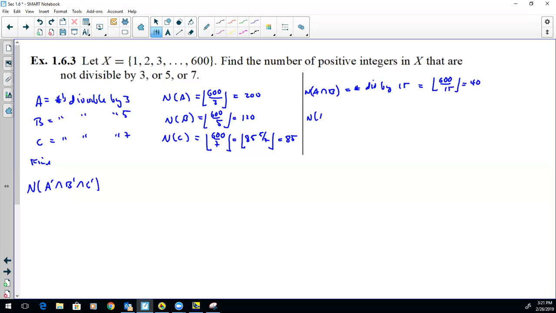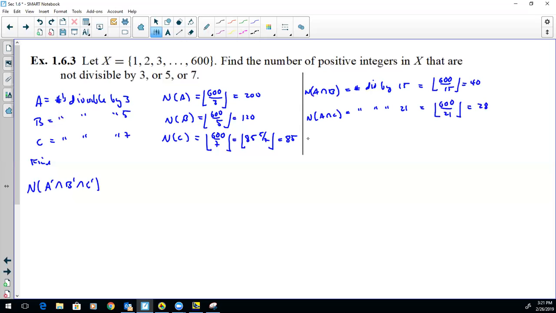The number in the intersection of A and C would be the number divisible by 21. So how many times does 21 go into 600 evenly? Well, that's the floor here. 600 divided by 21 is 28 point something. It goes in 28 times.